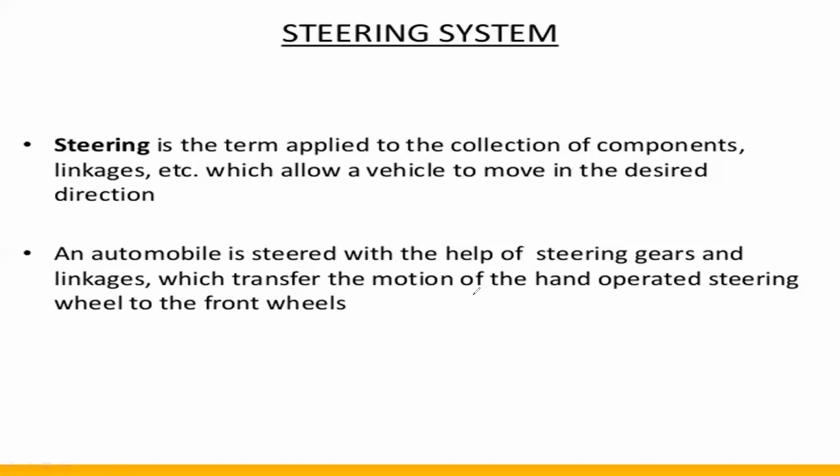The steering is placed at the front end of the vehicle, in the human hands. The human hands operate it, and the rotary motion is converted into sliding motion of the automobile vehicle.